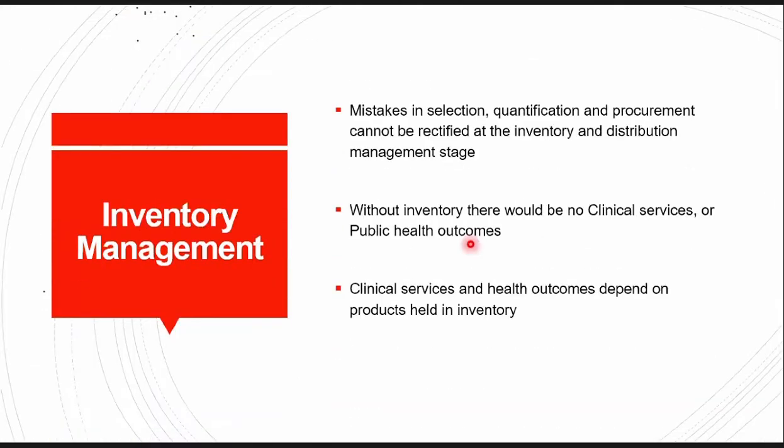So when you make mistakes in selection or quantification or procurement, this will reflect in your inventory, even at the time you will be distributing. And it will be very difficult for you to rectify these mistakes. Remember when we looked at the drug supply cycle, the chain, the way it functions, one problem at one stage will affect the entire chain up to the time you are processing that prescription.